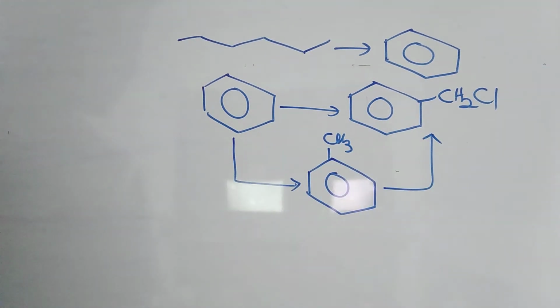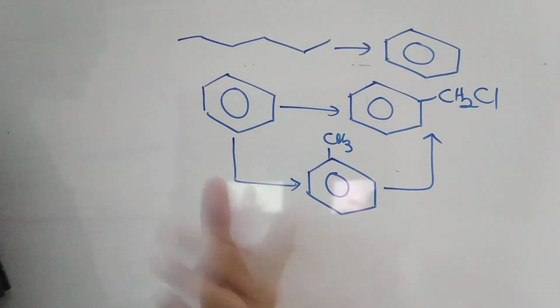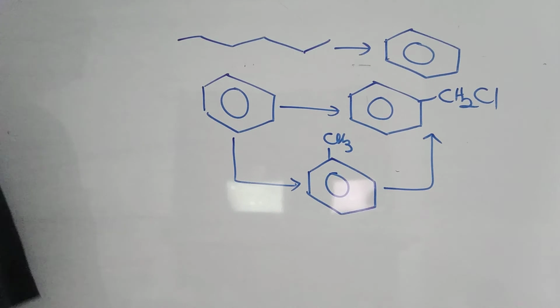Any special conditions? Because 3 hydrogens are there, all hydrogens can go out. So, like limited chlorination, when you are writing the balanced equation, you can write 1 mole. Otherwise, you can say toluene should be in slight excess and chlorine slightly less, so that only 1 chlorine is coming out.